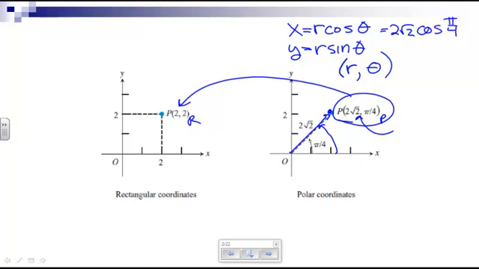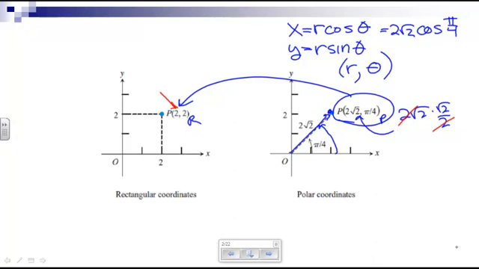Okay, and what is cosine of pi over 4? Last time I checked, it's root 2 over 2. And if I cancel those 2's and I multiply root 2 times root 2, I get the value 2.